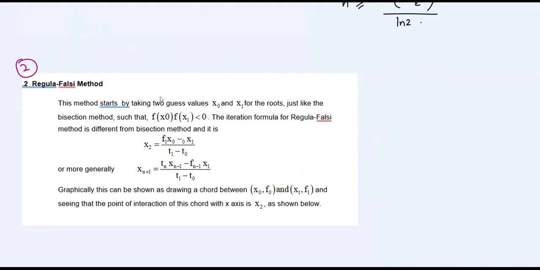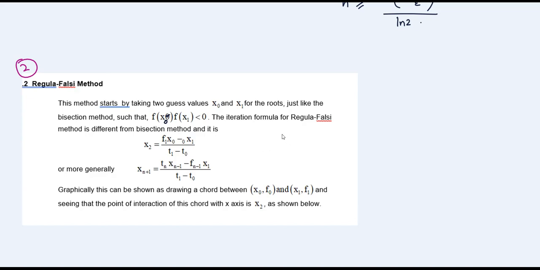So this method starts by taking two guess values, x0 and x1, for roots, just like the bisection method. And we find f of x0 and f of x1 such that the product is less than 0.